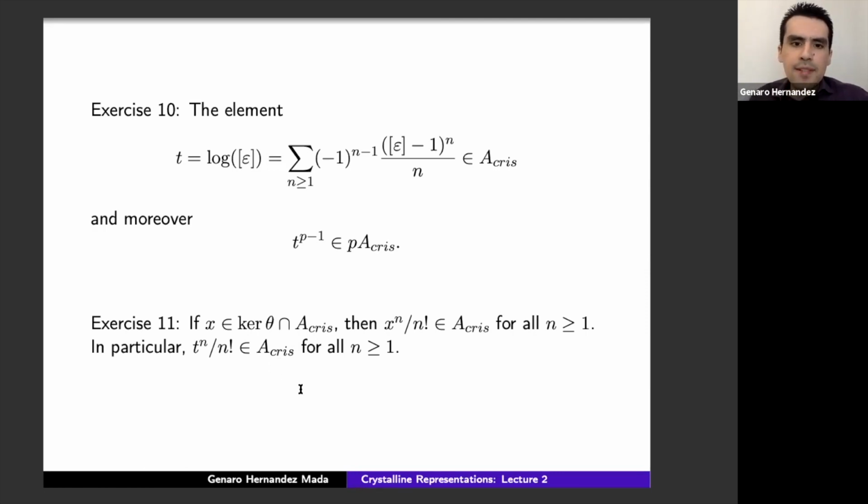These divided powers will be very important. If you think about it for a second, they have to do with some kind of integral. When you integrate the function t^n, you get something like t^(n+1) over some number.